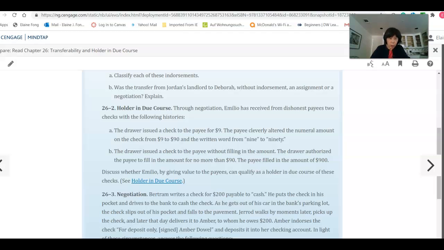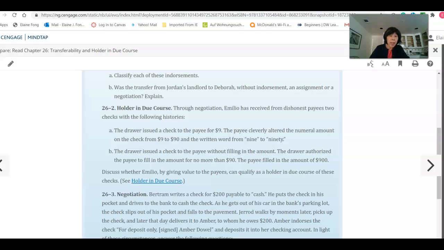And the question that you're going to need to answer is, can Emilio be a holder in due course? The other thing we know about Emilio is that he has paid value, so we don't deal with that issue at all. All right, so let's take a look at the two checks that come into Emilio's possession.